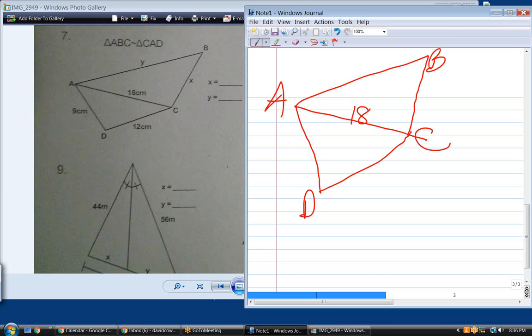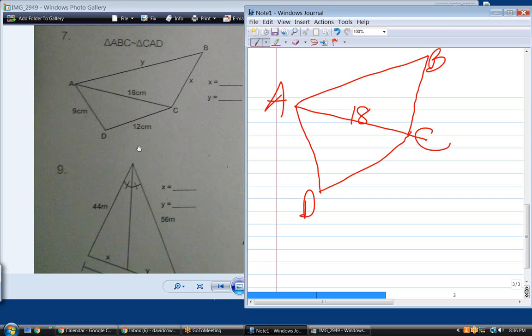Would the angles A be equal? No, angle A is not really an angle of either triangle. Angle CAD, maybe. But you can't just call that angle A because angle A is the whole angle.